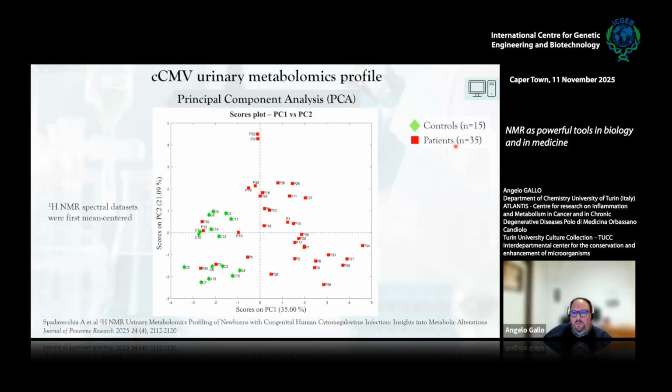We have a larger number of patients and a lower number of controls. Actually, we're pushing these limits a bit for the analysis, but we need more controls. The 1H NMR spectral datasets were first mean-centered, and then the analysis was performed. We cover only 56% of the total variance, but it's promising.